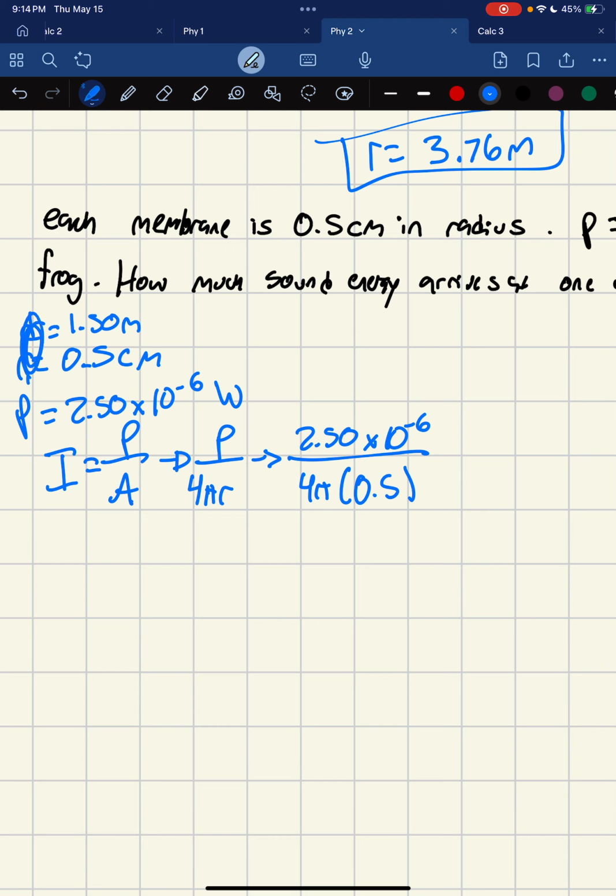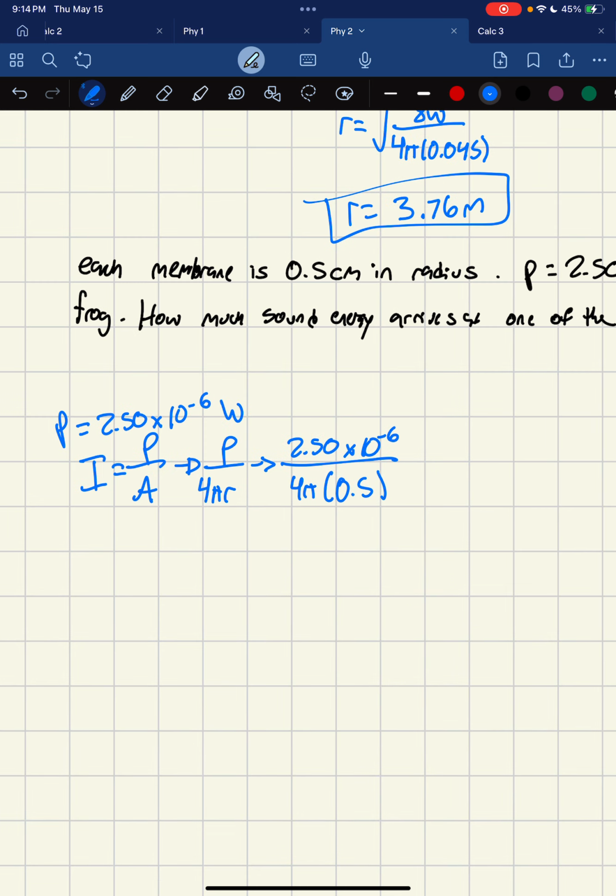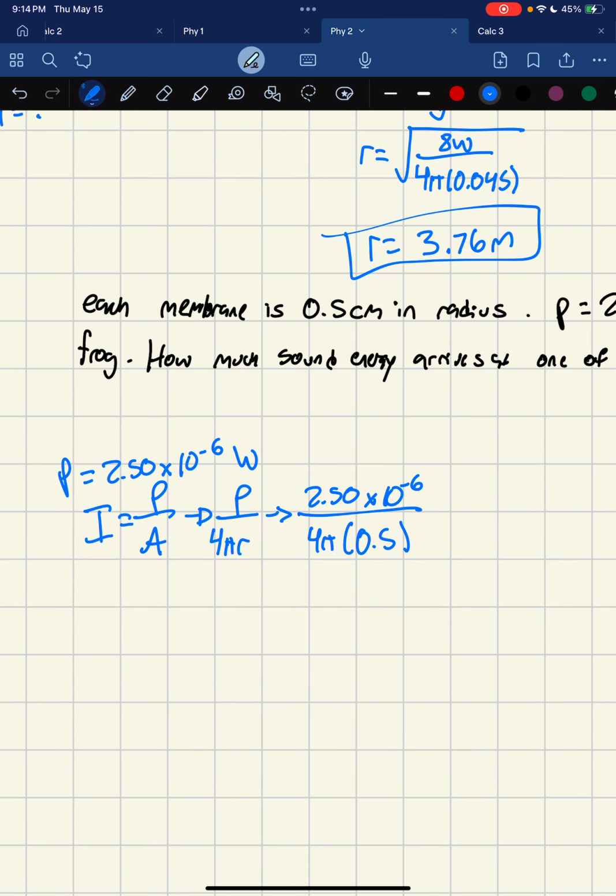My radius is not 0.5. Okay, so my distance is equal to 1.50, and the radius of the one membrane is 0.5.